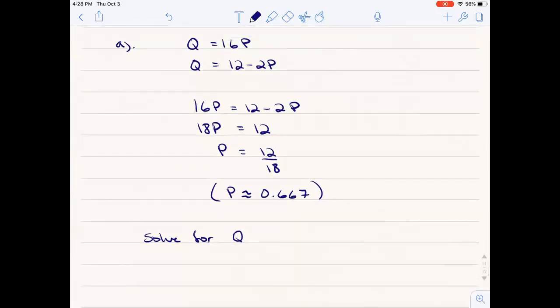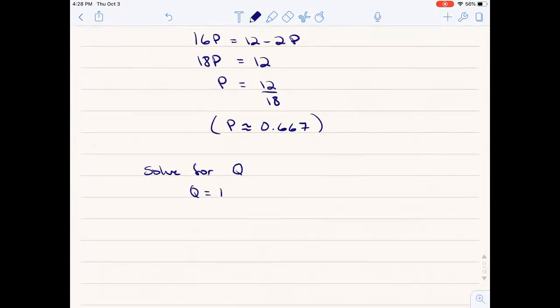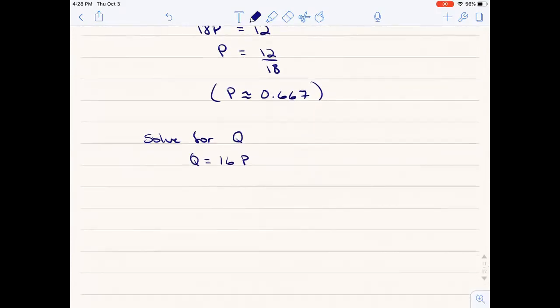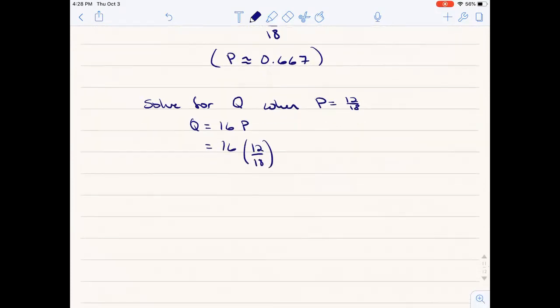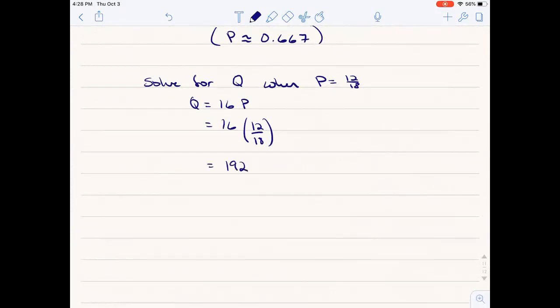of course, I'm going to use the first equation because it's easier. Q is 16p. Solve for q when p equals 12 over 18. So q is 16 times 12 over 18. 16 times 12 is 192 divided by 18. 192 over 18, which is roughly 10.667, but I'll put that in brackets.